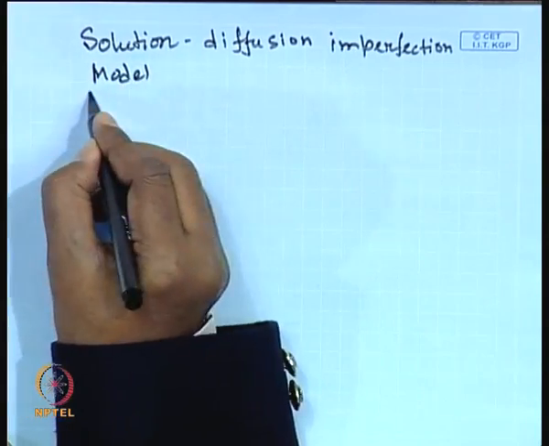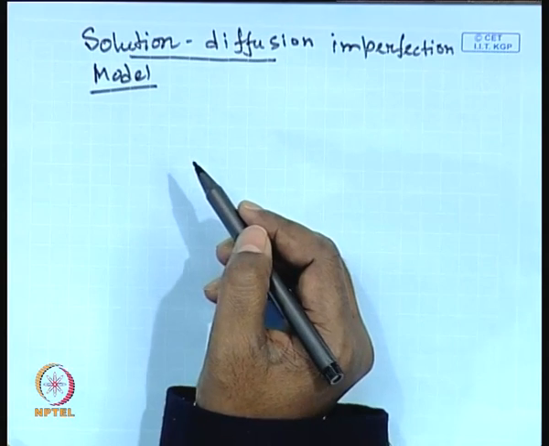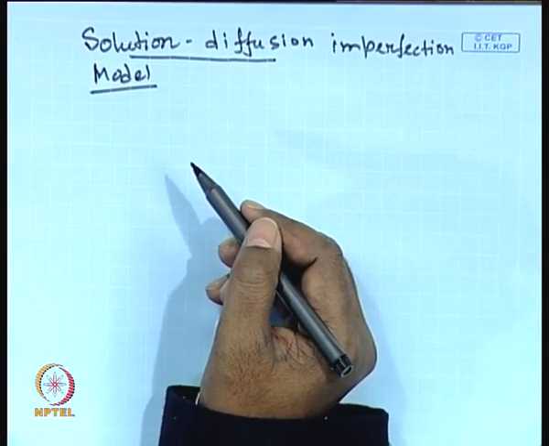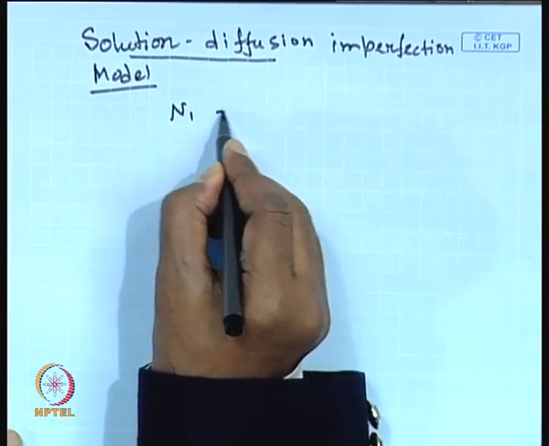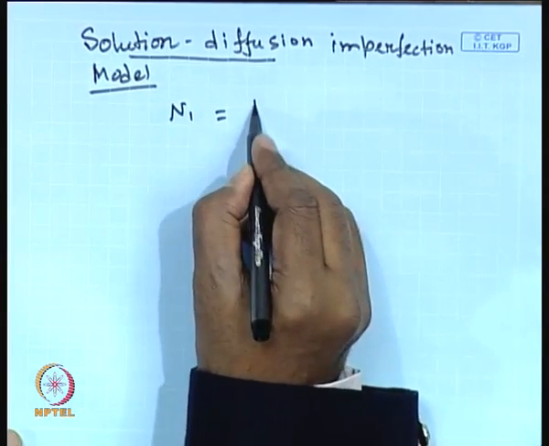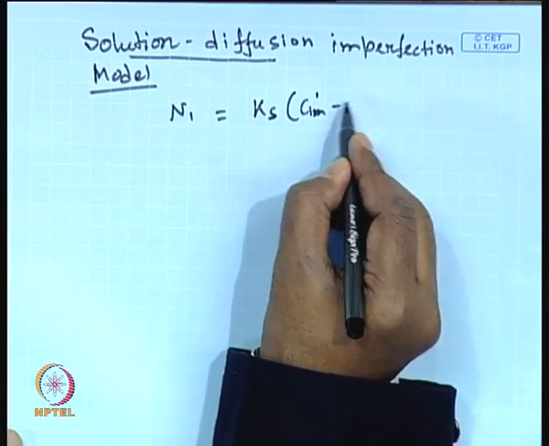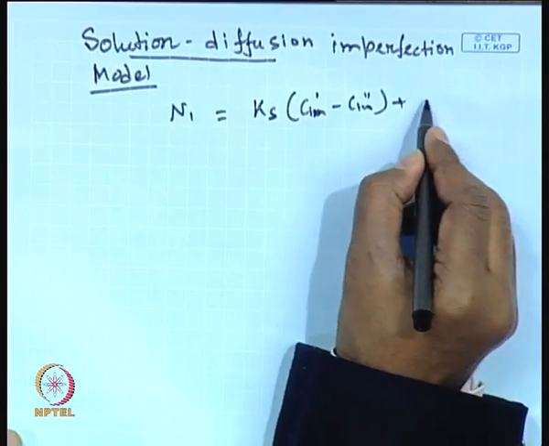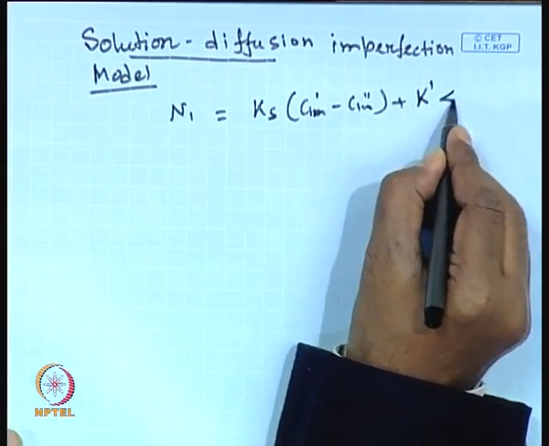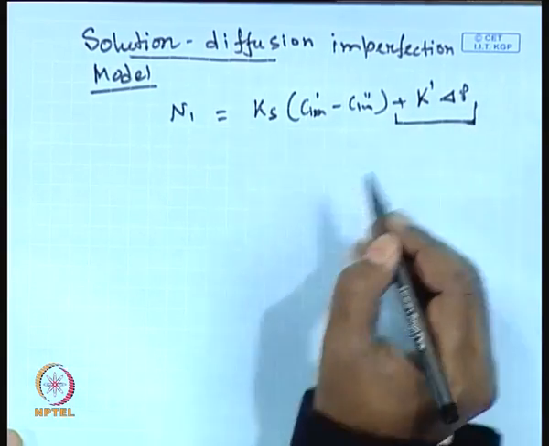What is this model? If you remember, in the derivation of the solution diffusion model, we omitted one term, that is the delta P term, the pressure drop term. We have a term of, let us say, Ks times (C1m prime minus C1m double prime), plus another term, some constant, let us say K prime times delta P. What we said, generally these terms become very small.